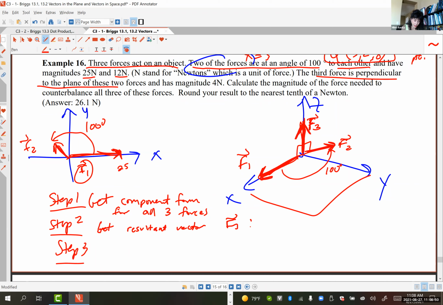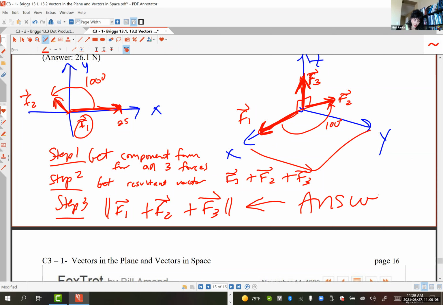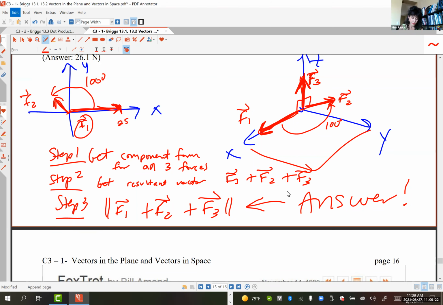Well, we're going to go F1 plus F2 plus F3, and we'll get a big old vector. Step 3, get the magnitude of that big old resultant vector. And that will be the answer. Here's my strategy. I'm sticking to it. And I didn't leave myself enough room. I'm going to append a page.